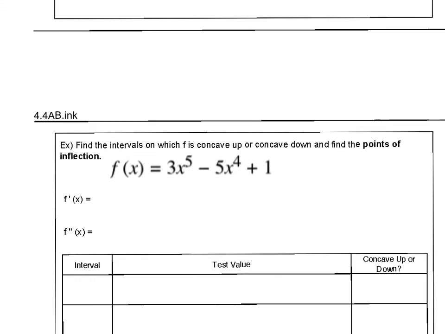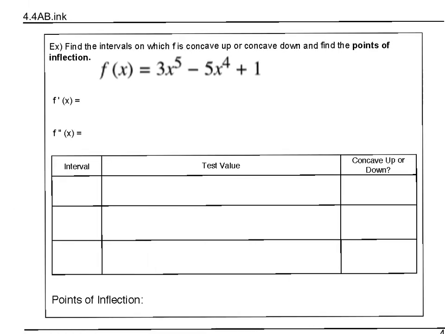Okay, so here's our first example. Find the intervals on which f is concave up and concave down, and find the points of inflection. Okay, so we have first derivative, second derivative. Just like before, we want to be in factored form.